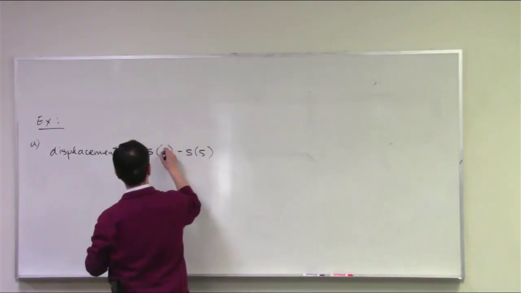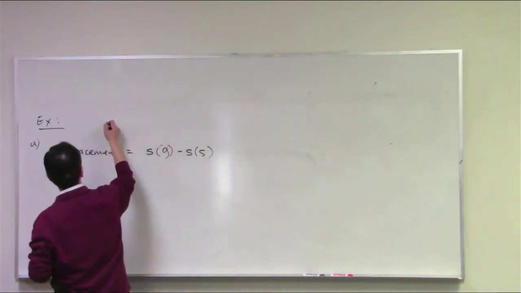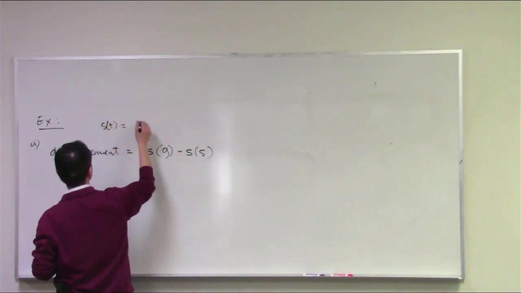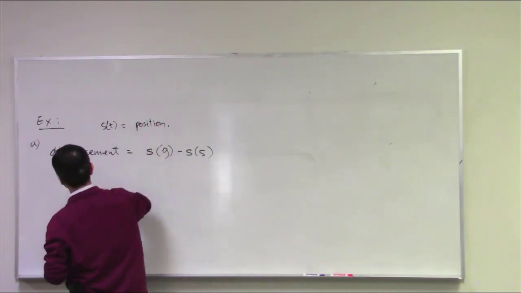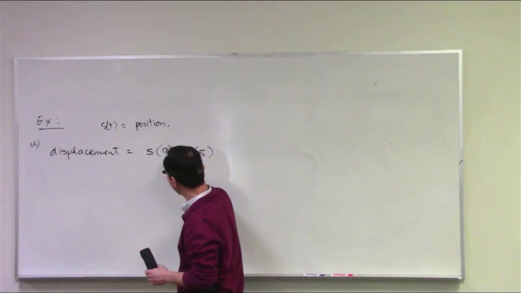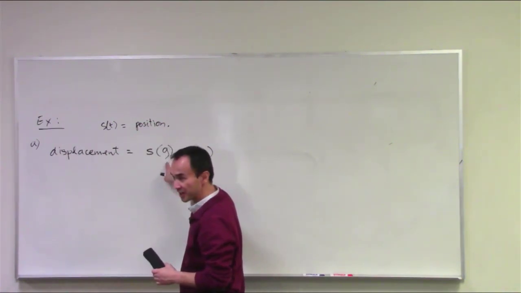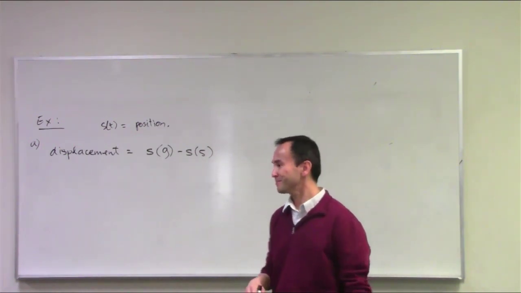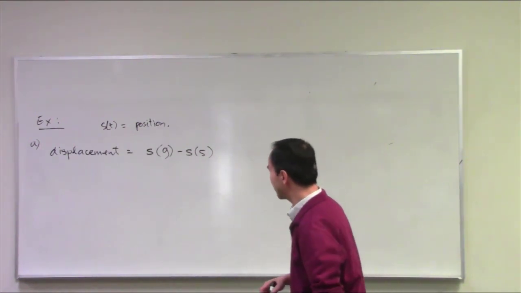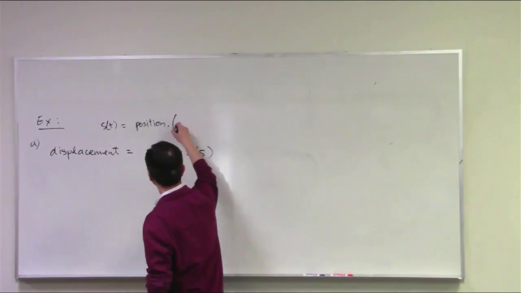Because s of t is the position function, by the way we understand displacement, the displacement on that interval is simply the position at 9 seconds minus the position at 5 seconds. Okay? But keep in mind right now we don't know the position function.